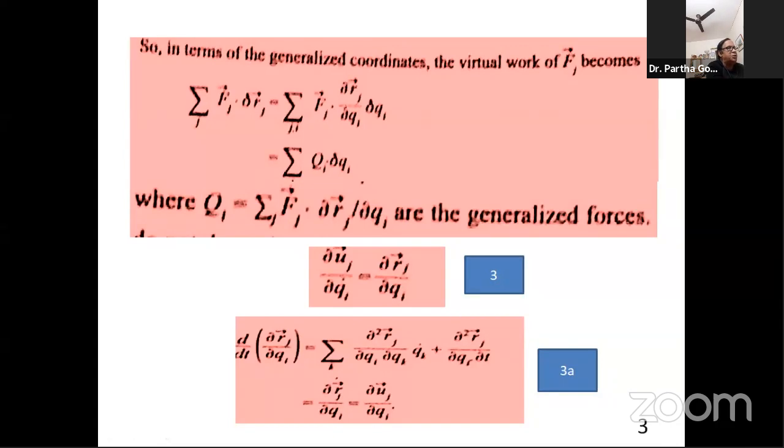The first term was fj dot drj, which I now write as fj dot delta rj by delta qj times delta qj, and I define some quantity Qi as fj dot delta rj upon delta qi, with the index j summed over. So you have Qi, and this is called generalized force.